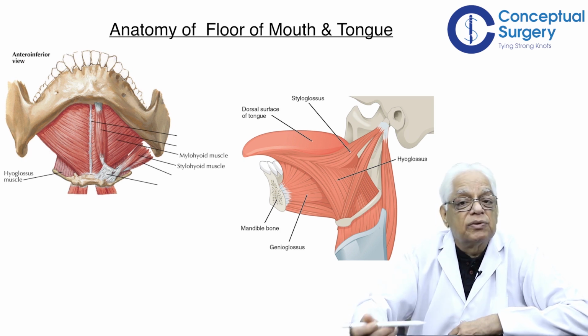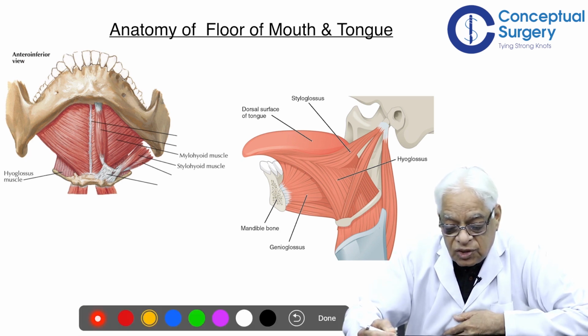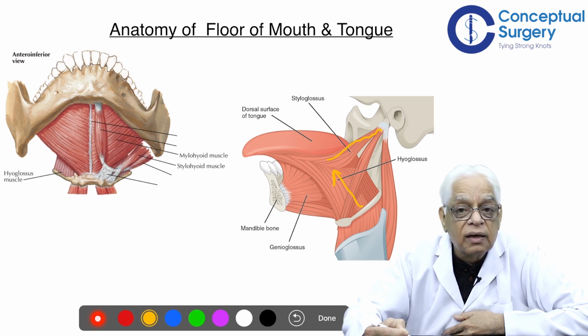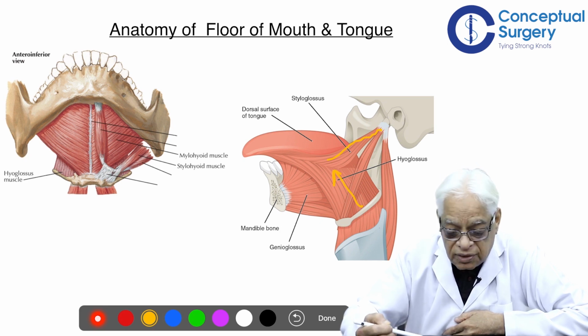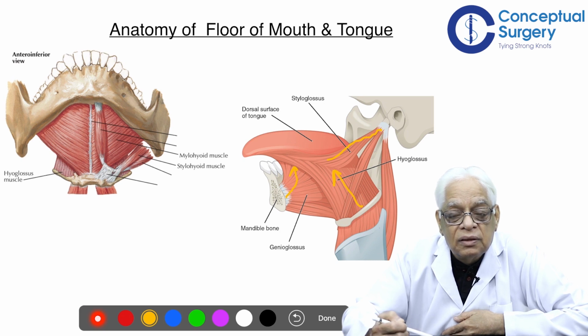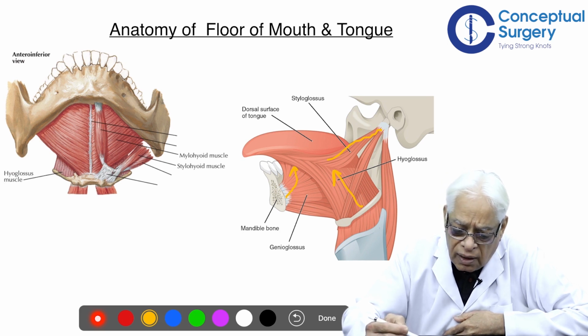And the extrinsic muscles of the tongue are styloglossus, which is coming from above. You have hyoglossus, which comes from the hyoid bone and goes up to the base of the tongue. Then genioglossus arises from the genial tubercle, and there's a muscle which comes from above, what is called palatoglossus, which comes from the palate.